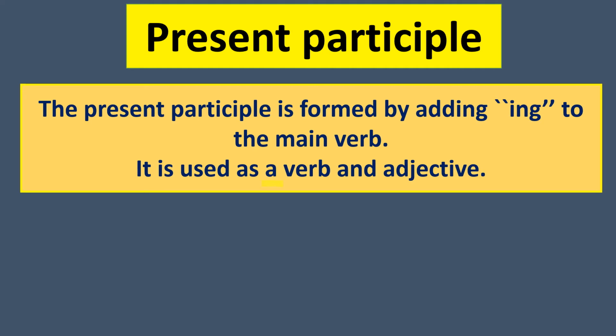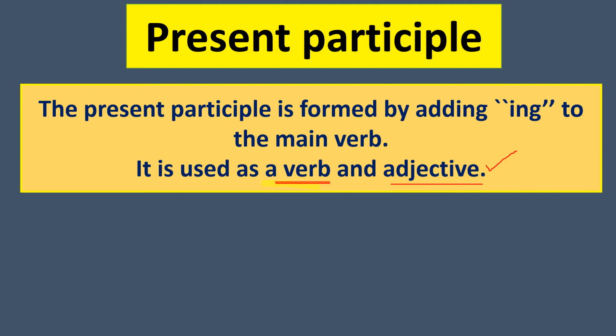We have learned that the gerund acts as noun, so it is named as verbal noun. But here the present participle acts as verb, sometimes it acts as adjective, so it is named as verbal adjective also. Gerund is named as verbal noun because it functions as noun.